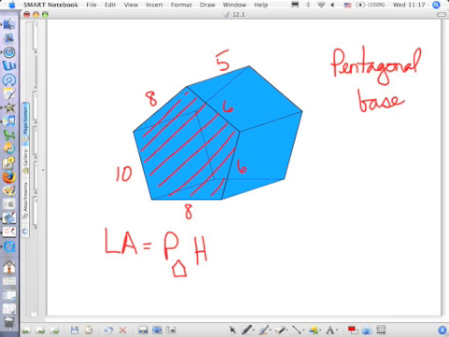Okay? Well, in this specific pentagon, the perimeter is found by adding the 5 sides together, which would be 10 plus 8 plus 6 plus 8. Oh, plus another 6. All right?